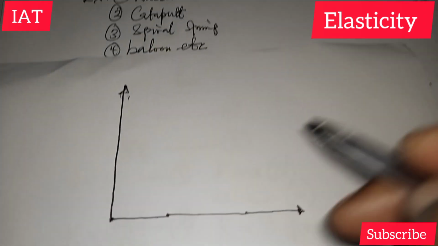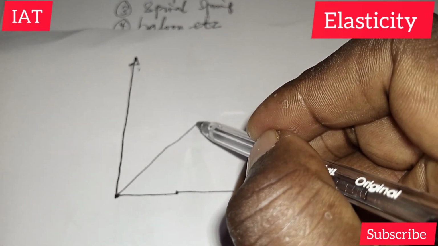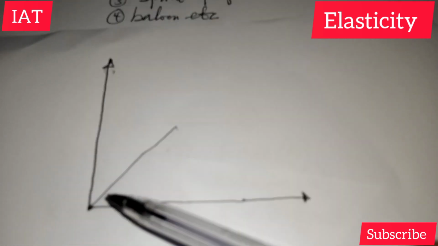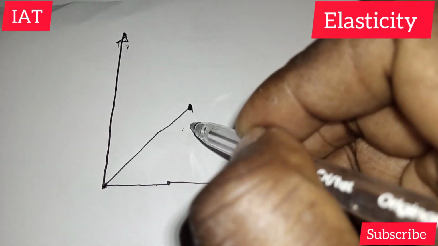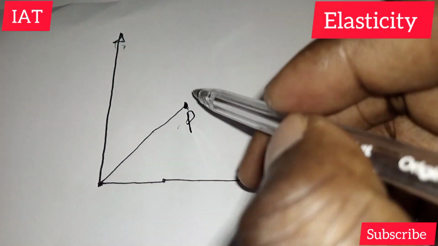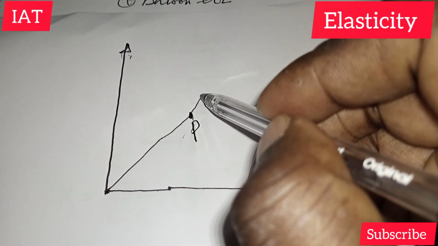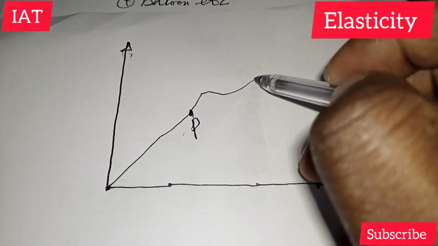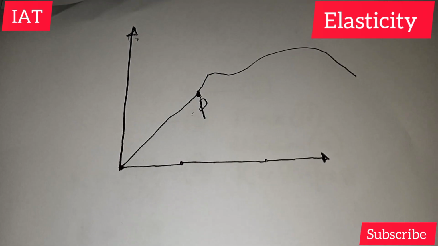If we have a straight line graph from the origin, let me do some sketching. A straight line graph from the origin. What exactly happened at this point? This point is what we call the proportionality limit. We term it as P. And then let's say we move like this, and then break it down to this point. I think this looks a bit good.